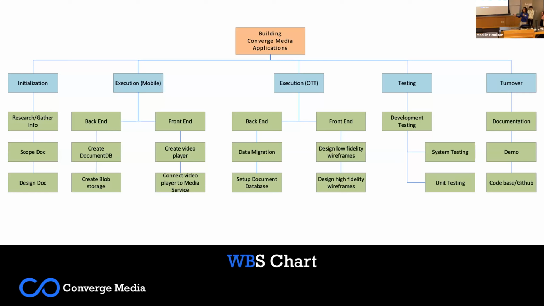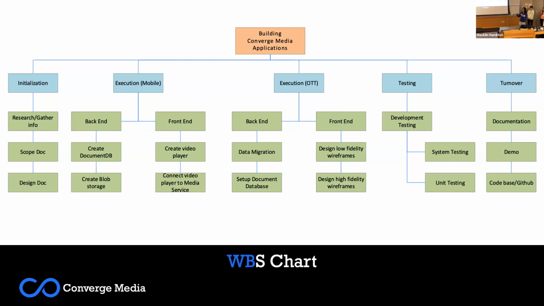And on our execution, we did things like creating our document database and our Azure Blob storage, as well as our media services, connecting that for our backend, and creating our app server. And on the front end, we've done things like designing our wireframes and then also more specific components that are necessary for our app to function, such as video player, search bar, things like that.